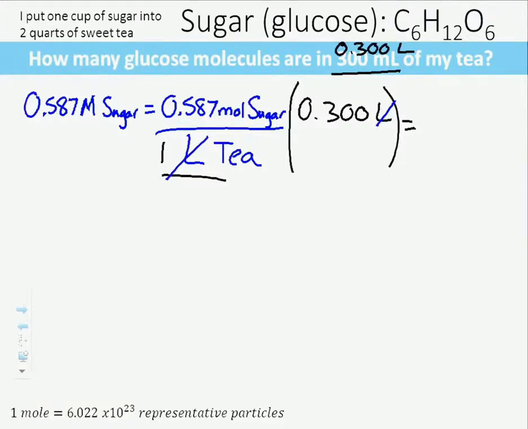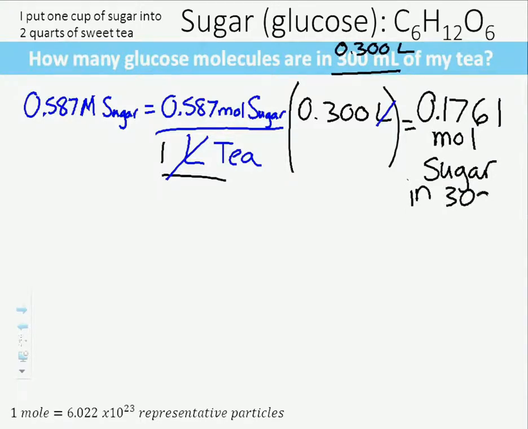So we've got 0.587 times 0.3 is going to give us a total of 0.1761 moles of sugar. And what's my size on that? In 300 milliliters.